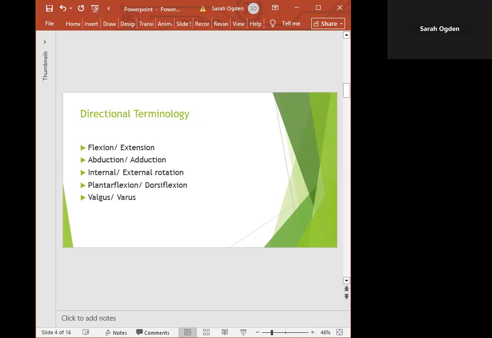Moving on. Before we dive into the movement analysis, I want to quickly focus on some key directional terminology and planes of motion.